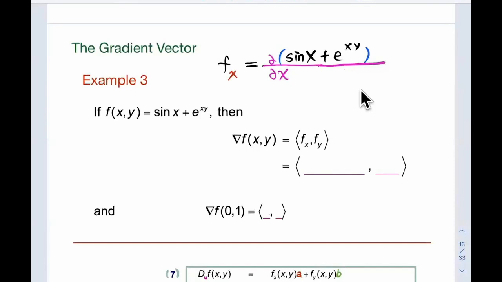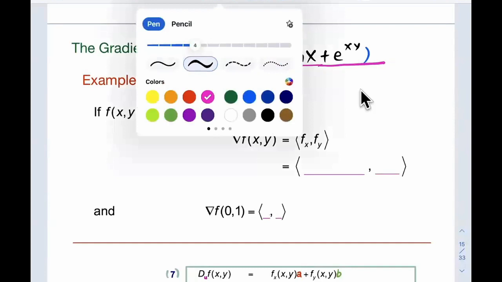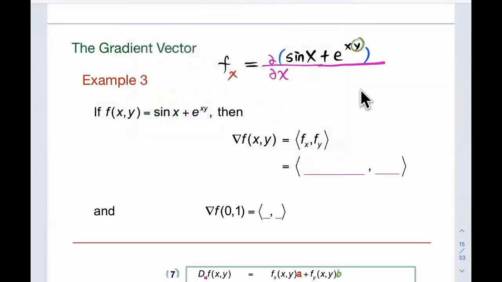So we're going to fix y. Think of y here as just a constant, and we focus on the variable, which is x. So x here is the only changing variable. So what is the partial derivative of this function with respect to x?